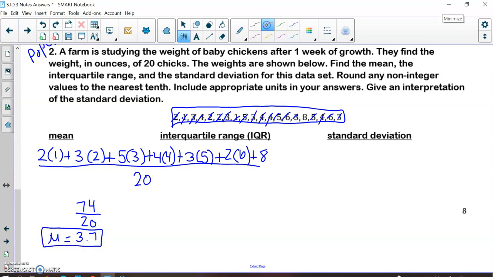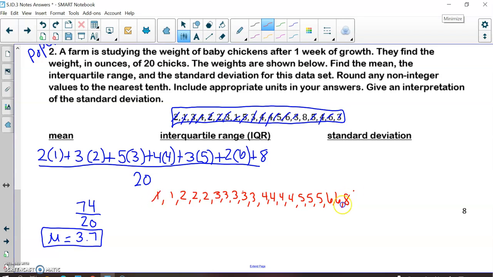Now for my interquartile range, I do need to arrange this in order. So remember, I had 2 1s, 3 2s, 5 3s, 4 4s, 3 5s, 2 6s, and 1 8.